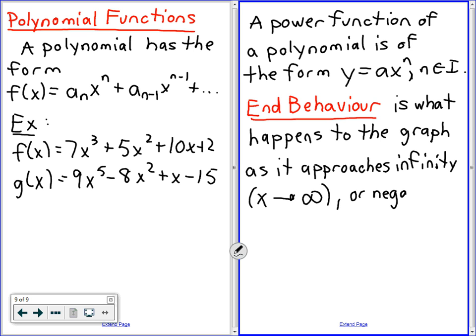The sideways 8 means infinity. The n just means integer, like a whole number.